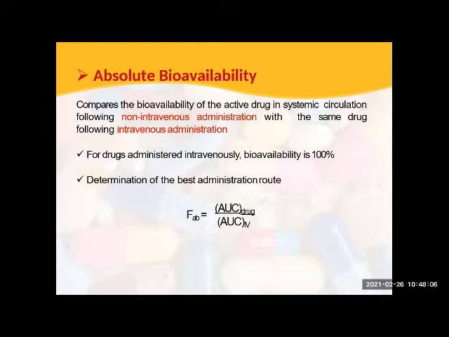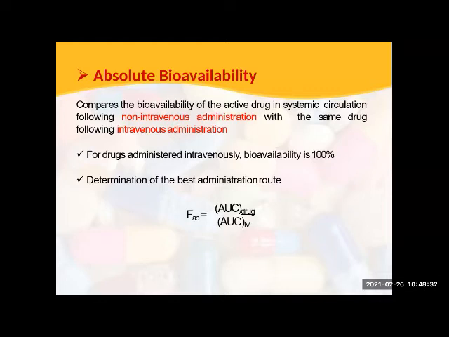As you can see in the formula, when the AUC of the drug given by the non-intravenous route is divided by the AUC of the drug given by the intravenous route, we get the absolute bioavailability, which is denoted by the letter F with the subscript AB.